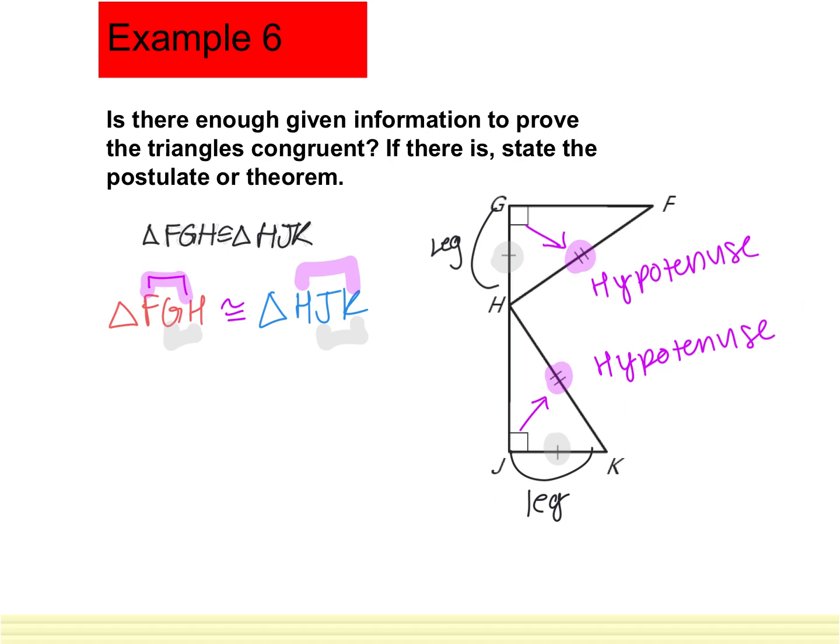I have 1 leg for both triangles, and they're congruent. And they're both right triangles. So for this one, your answer is going to be, it's not side, side, side. If you put side, side, side, it would be wrong. This is going to be HL. Okay, so state the postulate or theorem, hypotenuse leg. Okay, that would be my answer. Any questions on this one? Okay.